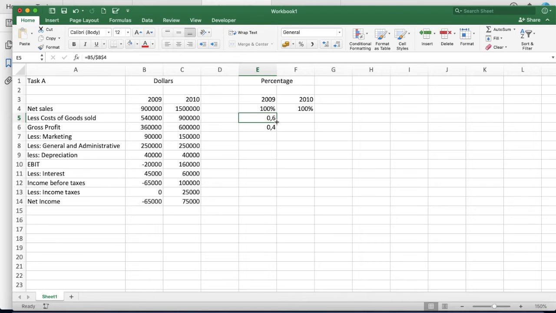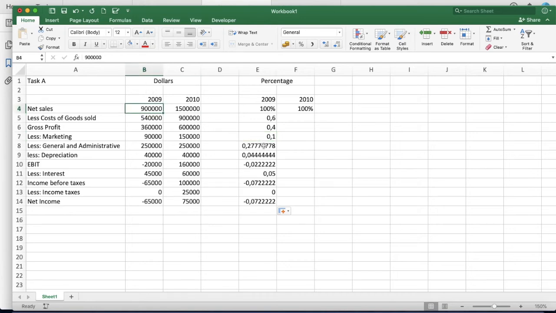Now, we put the pointer at the corner of the cell, click on it, and then scroll down. It will automatically redo the same calculation using the same net sales. So for example, we can click on the marketing expenses cell, which is equal to B7 divided by B4.